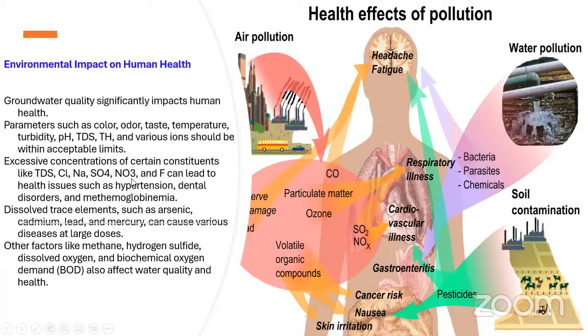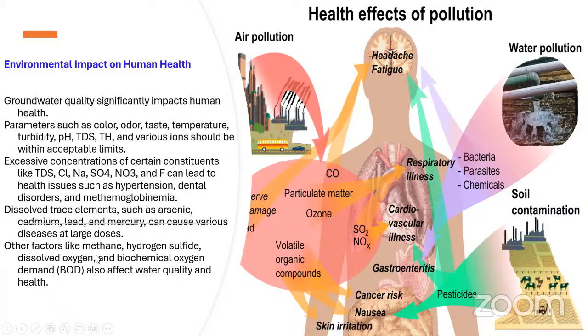sodium, sulfate, nitrate, and fluoride can lead to health issues such as hypertension, dental disorders, and methemoglobinemia, and dissolved trace elements such as arsenic, cadmium, lead, and mercury can cause various diseases at large doses.